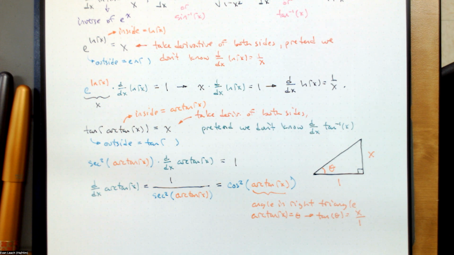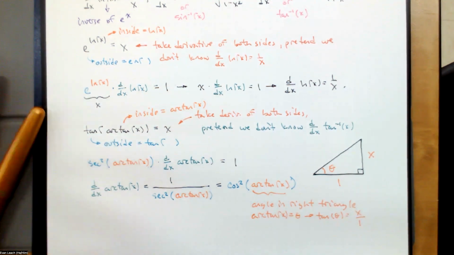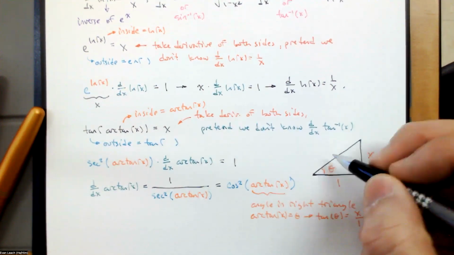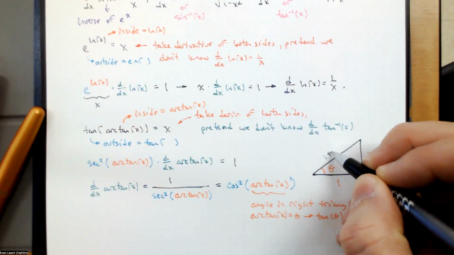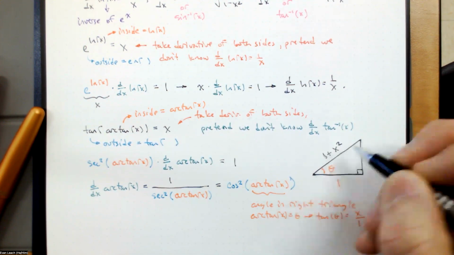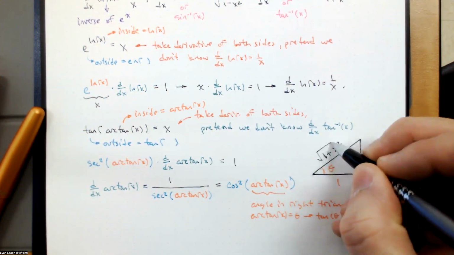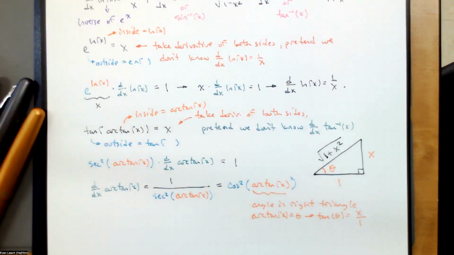We're going to read arctangent of x as an angle in a right triangle. The tangent of that angle is x. I'm going to read x as x over 1, so that's opposite over adjacent. So now I can write the cosine of theta. I can figure out the hypotenuse. The hypotenuse will be the square root of 1 plus x squared.